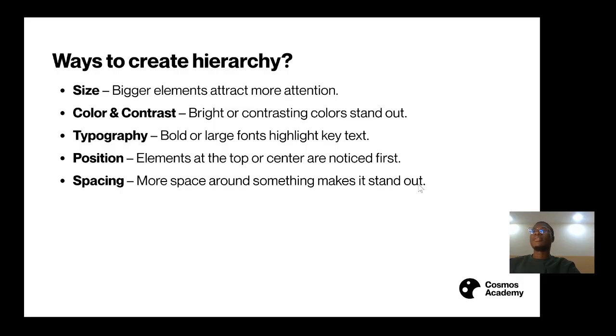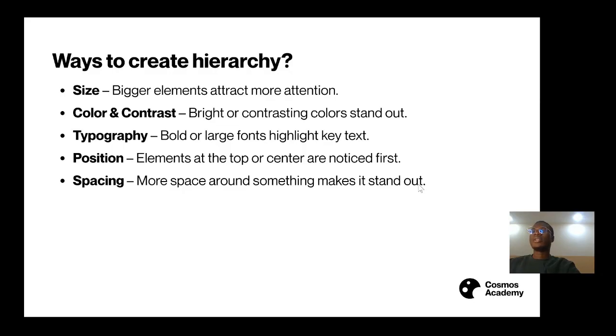Making a particular element in the design brighter than the others will make the one with the brightest color stand out more. Then, in terms of typography, making text bolder or a bit larger than other text would communicate more hierarchy to your audience than text with lesser font weight.